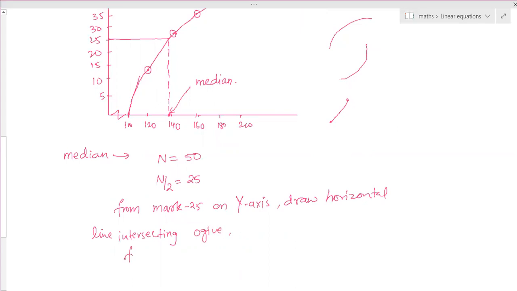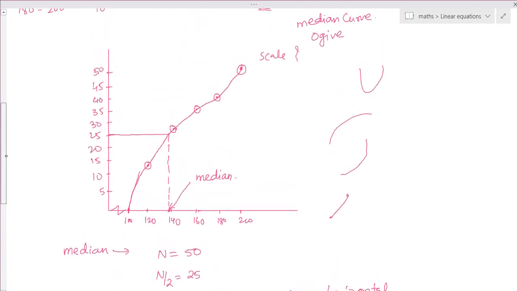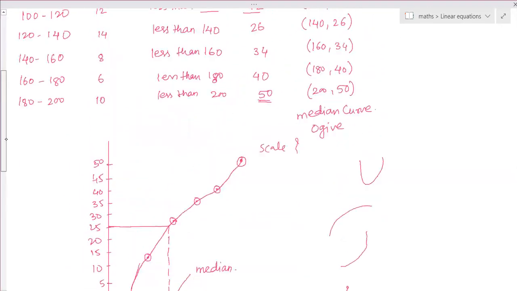From that point of intersection, draw a perpendicular to the x-axis. The coordinate of that point is the median. So this point's coordinate is the median. Is it clear? Yes, ma'am.